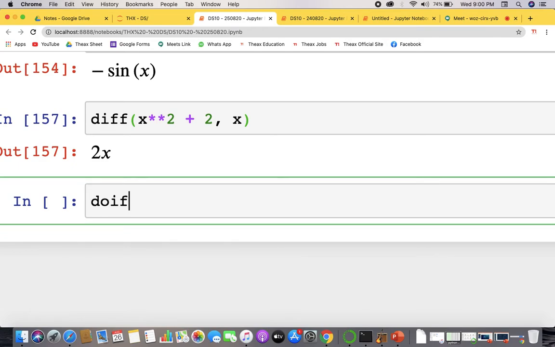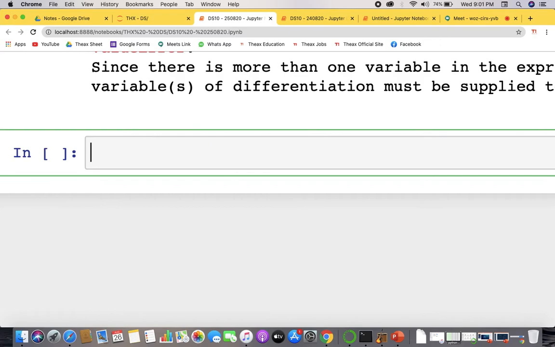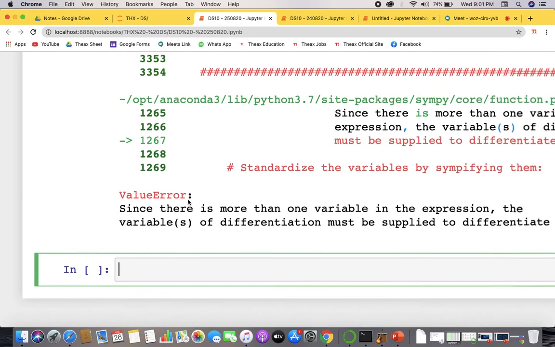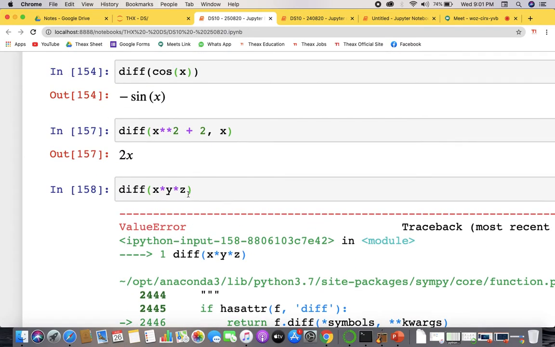So if I differentiate an equation, and if I write the equation as x y z, the differentiation of x y z, we haven't given any expression.